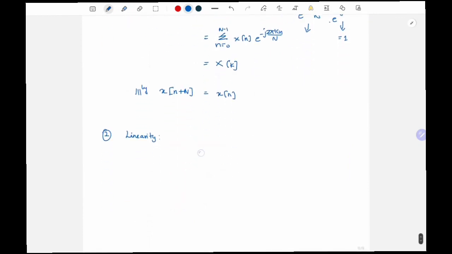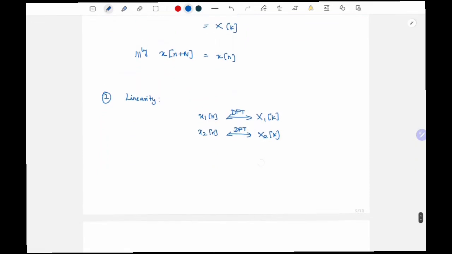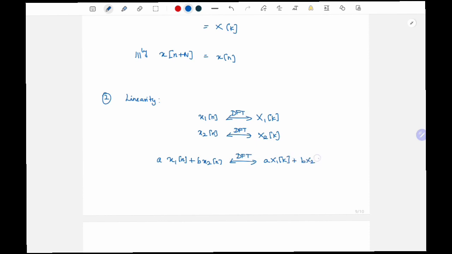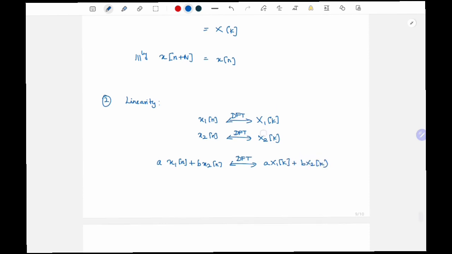So if I have two signals, x1[n] having DFT X1[k] and x2[n] having DFT X2[k], then a x1[n] plus b x2[n] will have a DFT a X1[k] plus b X2[k]. So this directly follows from the formula.